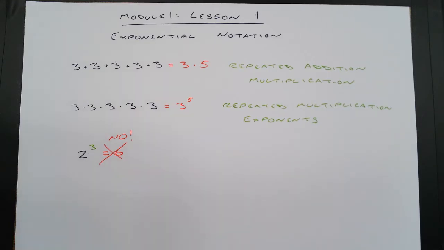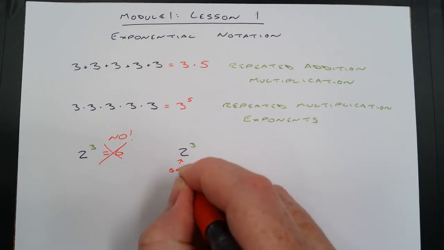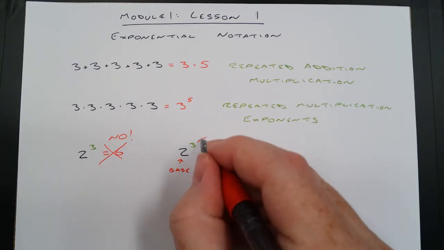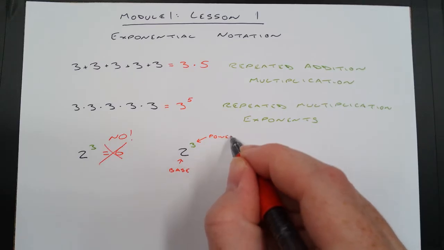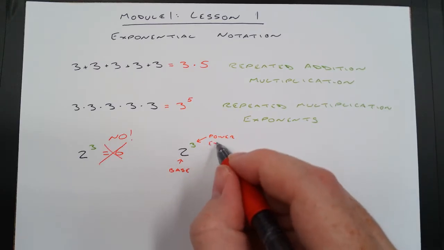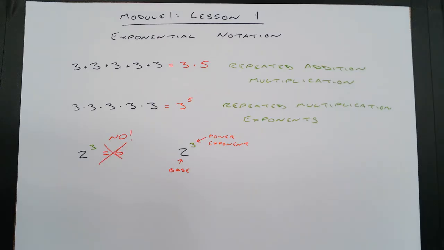2 repeated. So what this really is, we get 2 to the third. This 2 is called the base. This 3 is called the power, or the exponent. To write this and solve it, we have 2 to the third power equals 2 3 times. Pay attention.